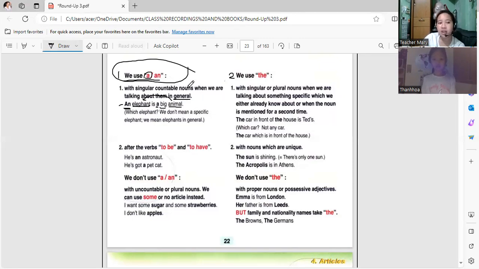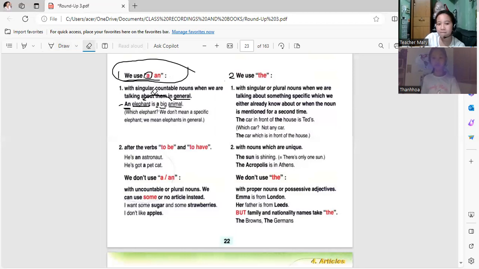Okay, what are singular again? What are singular? From the word single. It means only one. And for plural, it means? How about for plural? Many. Yes, very good, many. So singular means countable nouns.